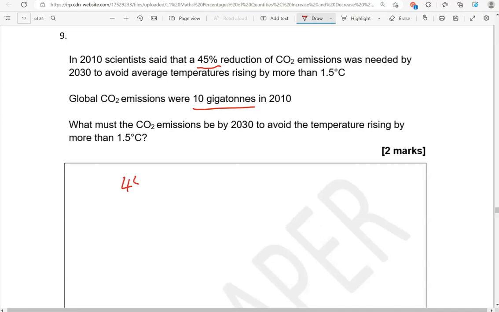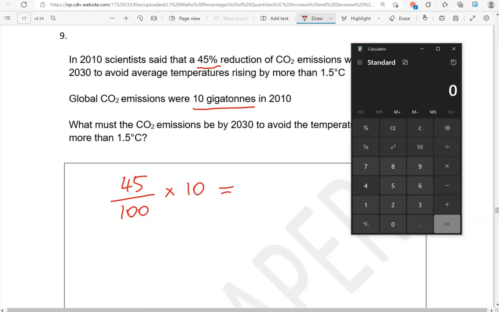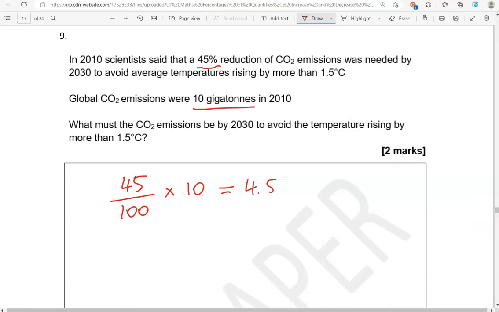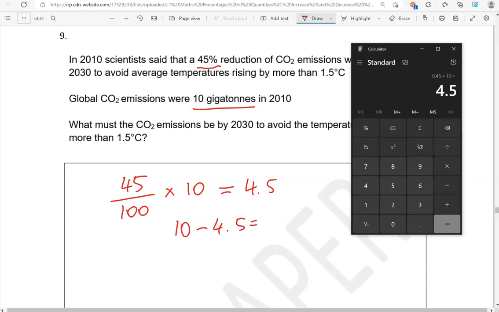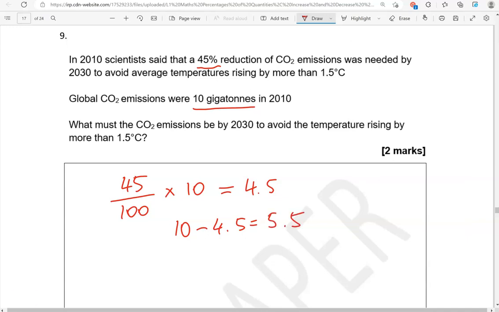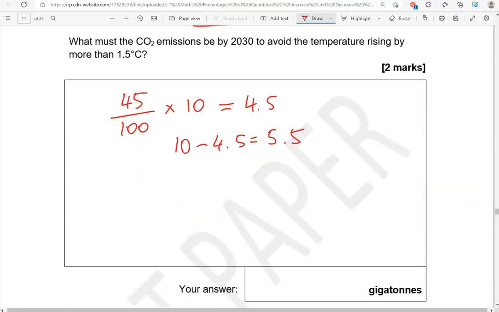So 45% of 10. So that is 45 divided by 100 times 10, which is 4.5. So that's a reduction. So we're going to take it away from the 10. 10 take away 4.5. Gives us 5.5. So in the right, 5.5.